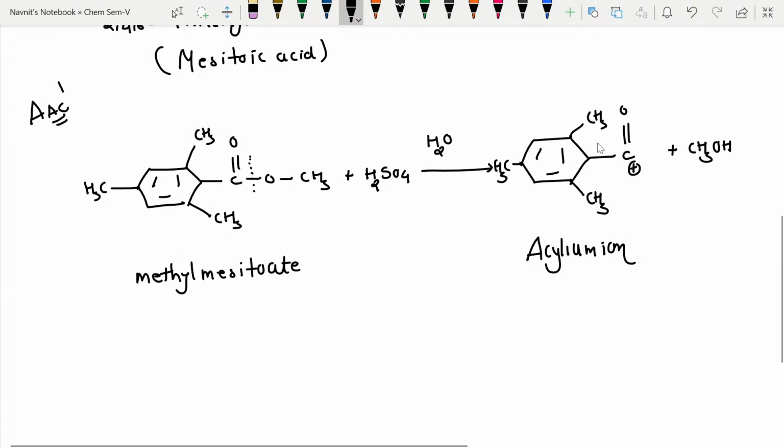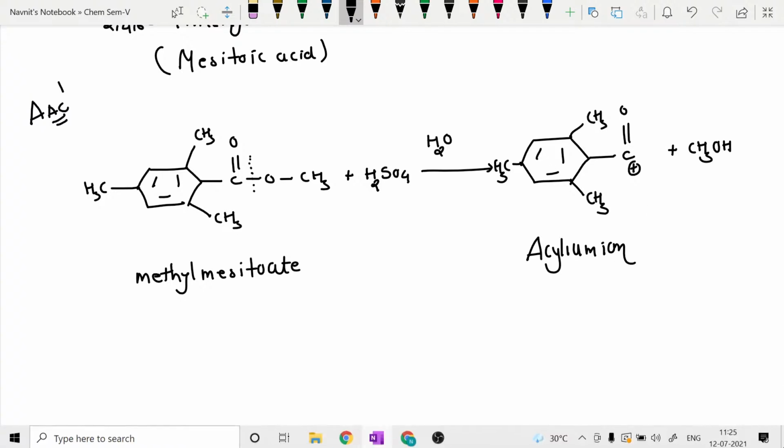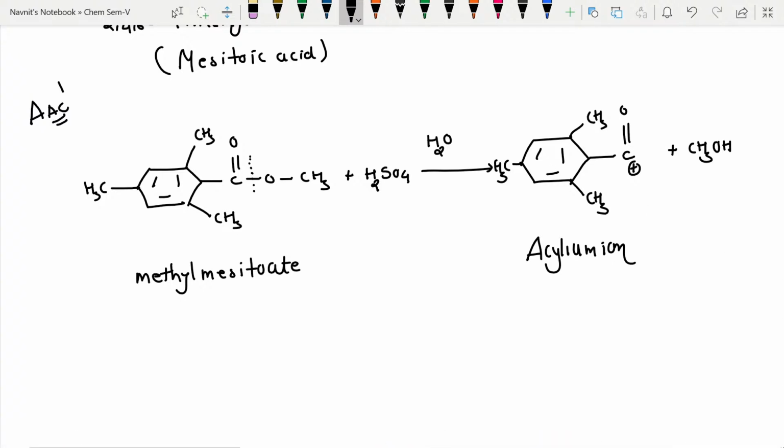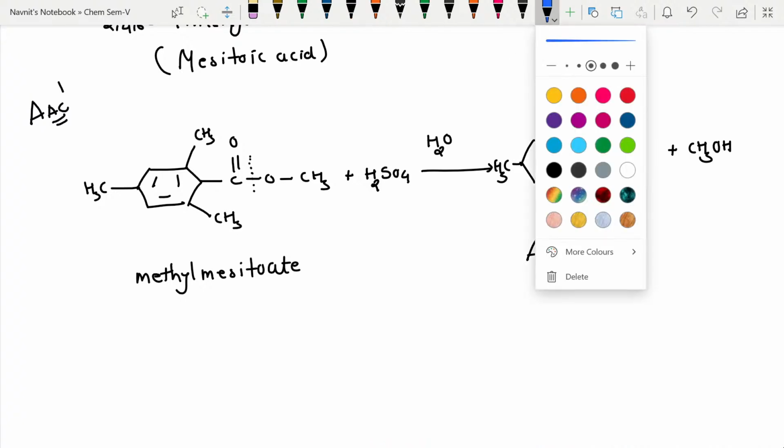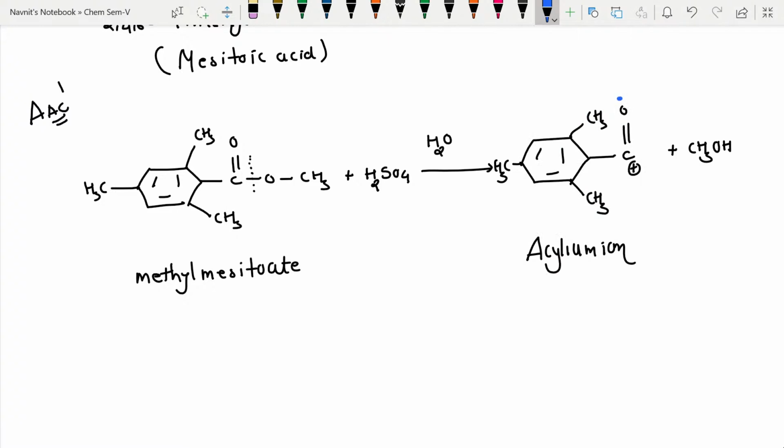Clear? So only those molecules that proceed through AAC1 are able to form a stable carbocation. So this carbocation is stable. Why is this carbocation stable? Because here oxygen has two lone pairs. So when these lone pairs transfer here, the positive charge of this carbon gets neutralized.